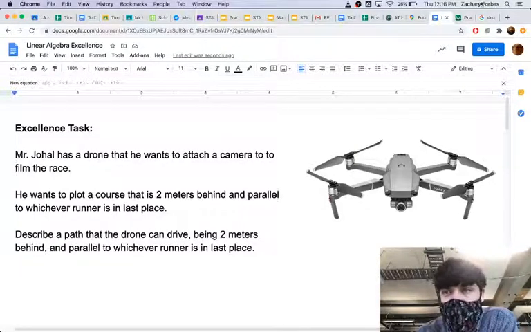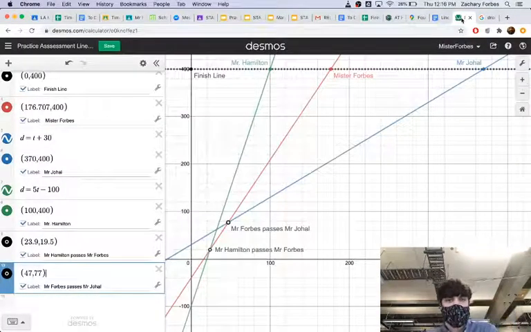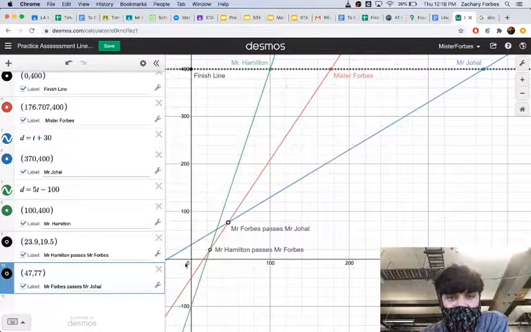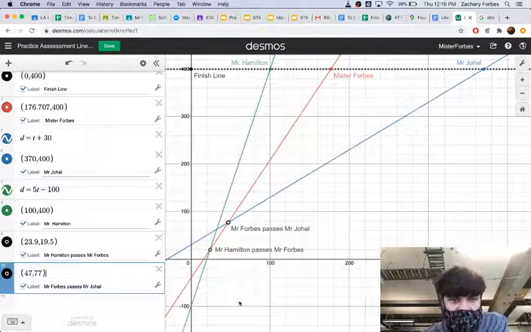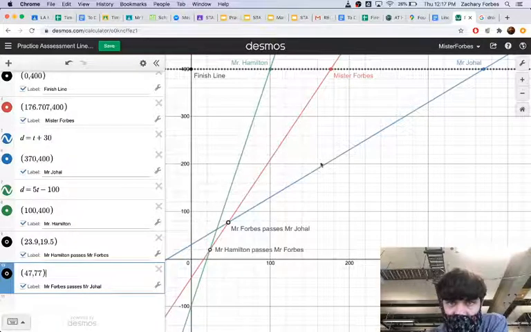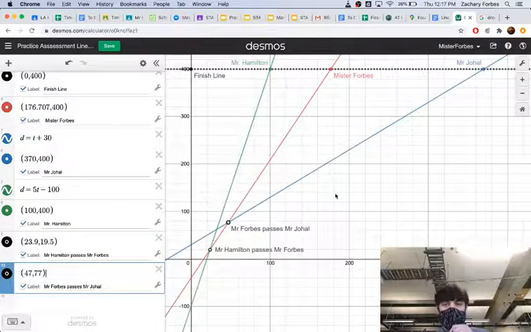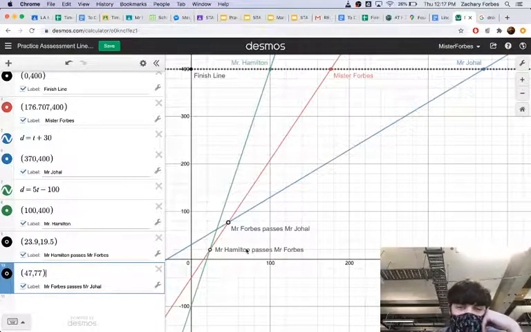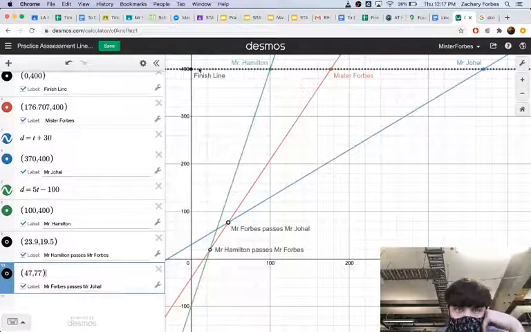So first thing we're going to do, let's have a look at my graph and we'll see what that might mean on my 3 functions. So here we've got Mr. Hamilton, then we've got me, Mr. Forbes, then we've got Mr. Jahal. So what he's asking is he wants a drone to start behind the person in last place. So we're at time equals 0.